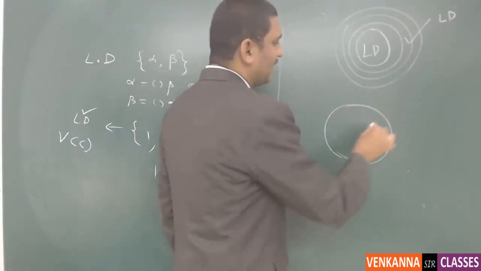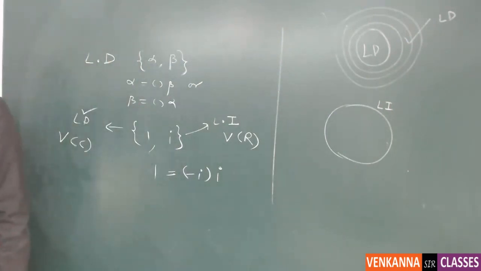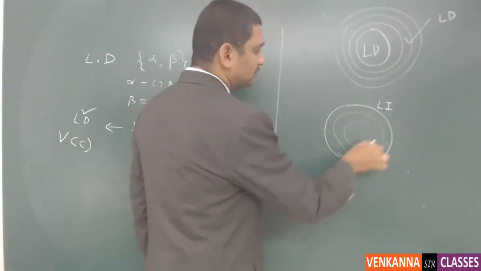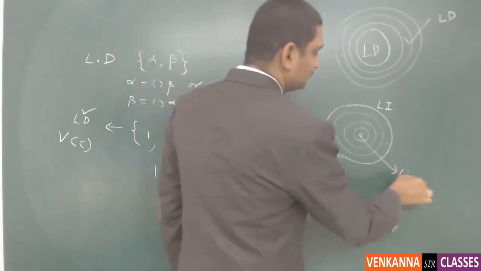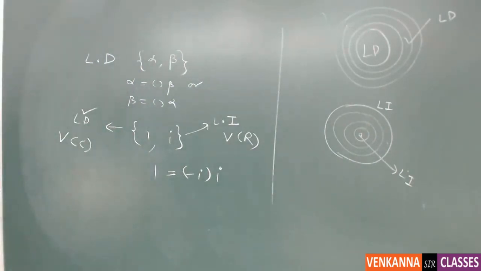Now I have taken an LI set, a linearly independent set. So if you take any subset of it, all these are LI. So what is the second result? Every subset of a linearly independent set is linearly independent.